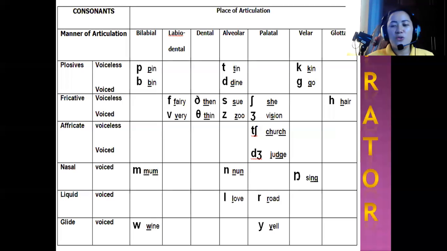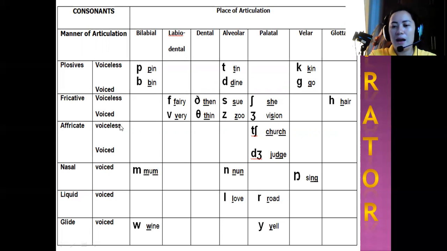So this is the place and the manner of articulation that I was talking about. We have here the places of articulation and the manner of articulation. The places are the bilabial, the labiodental, the dental, the alveolar, the palatal, the velar, and the glottal. For manner of articulation, we have the plosives, the fricative, the affricate, the nasal, the liquid and the glide.